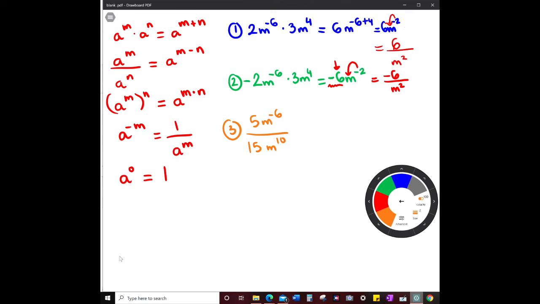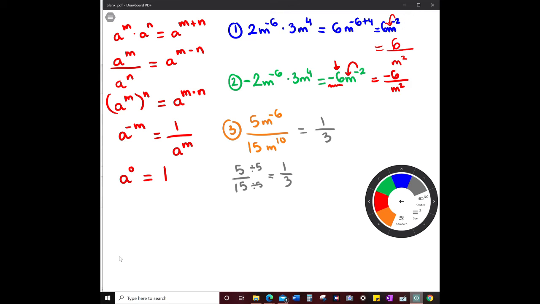What we can do is I will try to work on them separately. First of all, I have 5 over 15. I reduce it by dividing each by 5. Now I get 1 over 3. And I go back here, put it as 1 over 3.